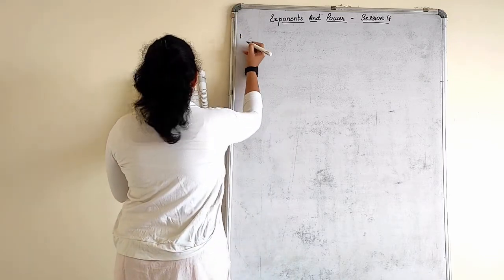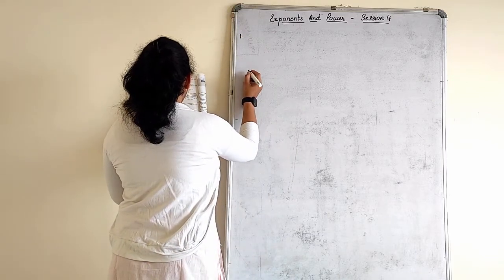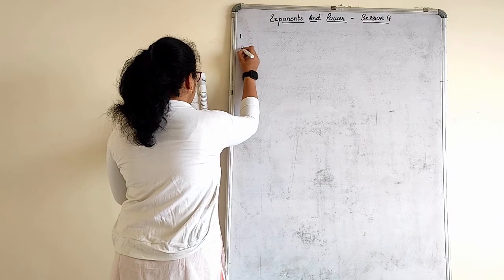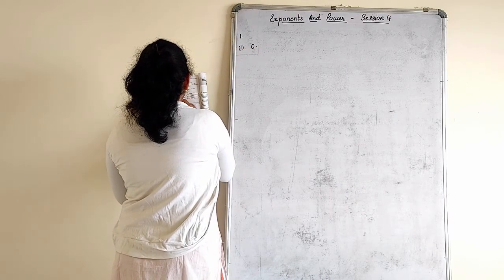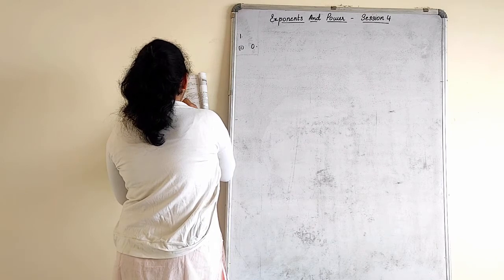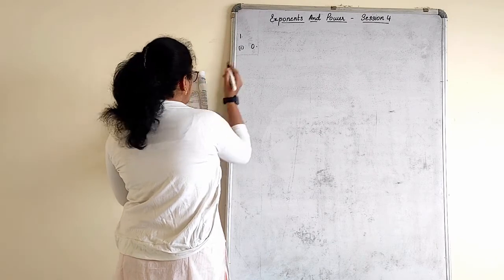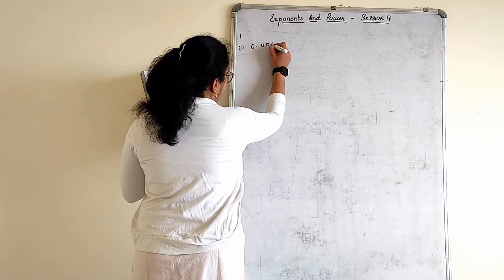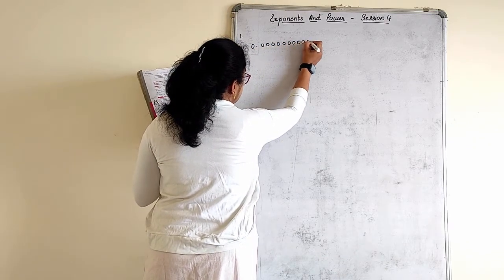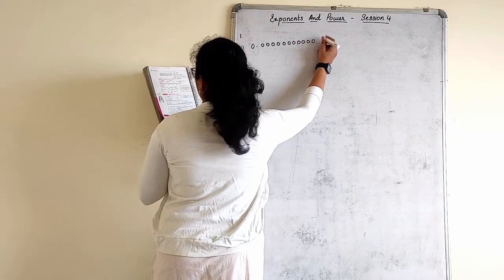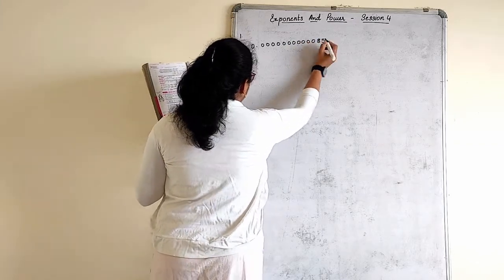First one, express the following numbers in standard form. It is 0 point, and you have 1, 2, 3, 4, 5, 6, 7, 8, 9, 10, 11 zeros, followed by the number 85.